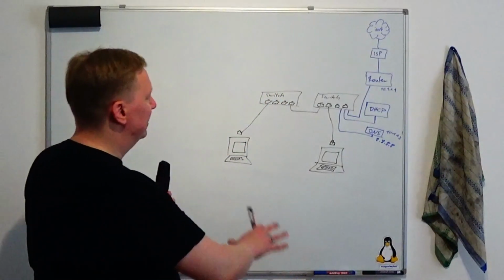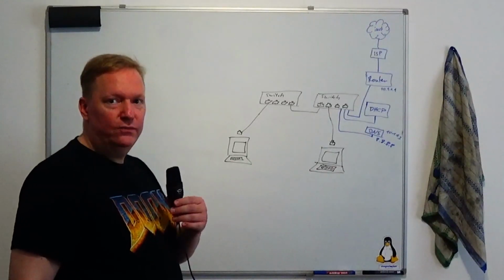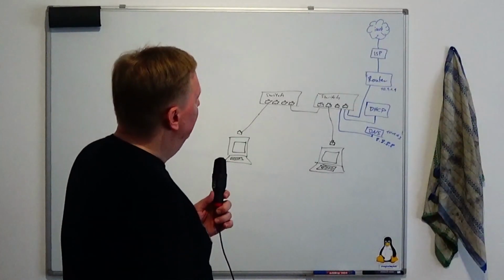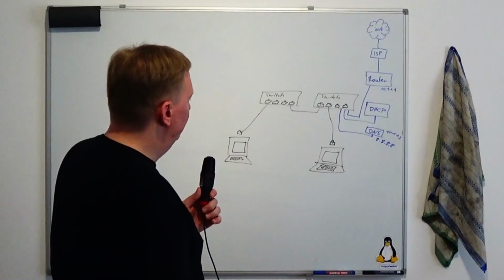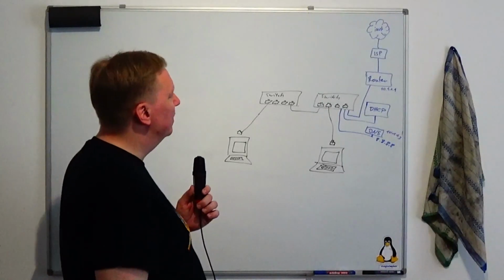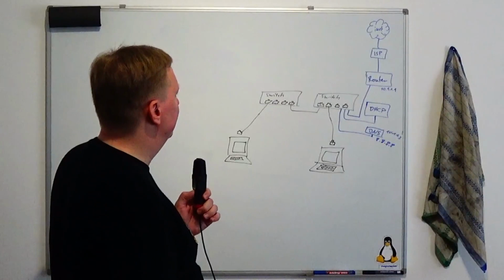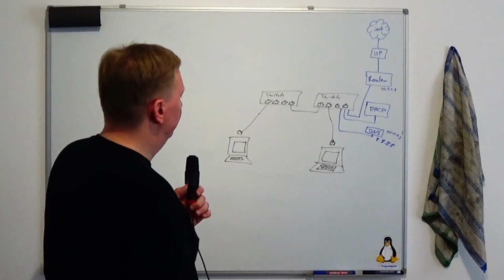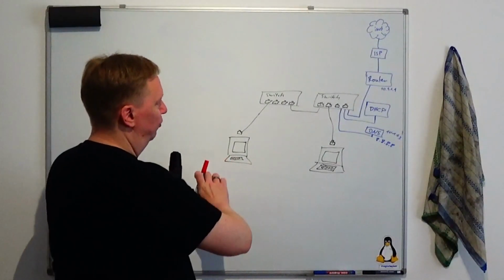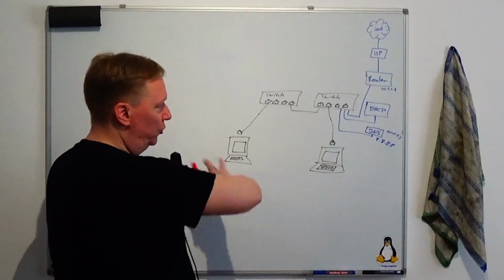The thing is that in a really huge network with hundreds and thousands of machines, you often don't want to allow every machine to talk to every other machine, okay? Because of security reasons, for example, and also we've seen that a broadcast is sent to every other machine in your network.